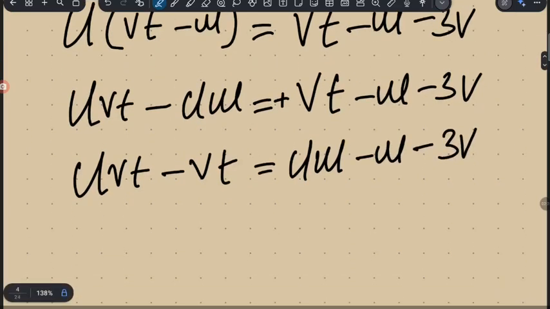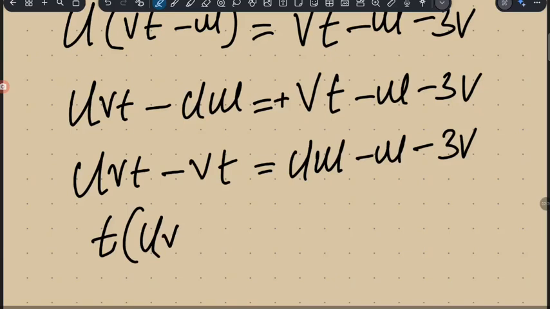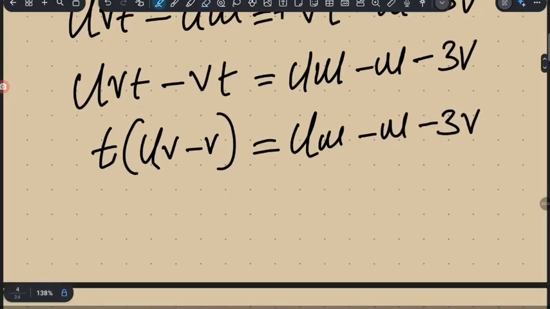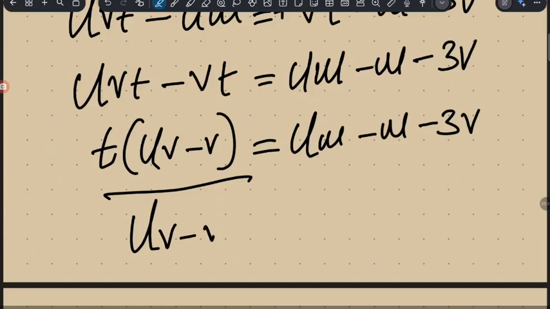So let's try to make t common around there. We have uv minus v is equal to uw minus w minus 3v. So let's try to divide both sides by uv minus v.